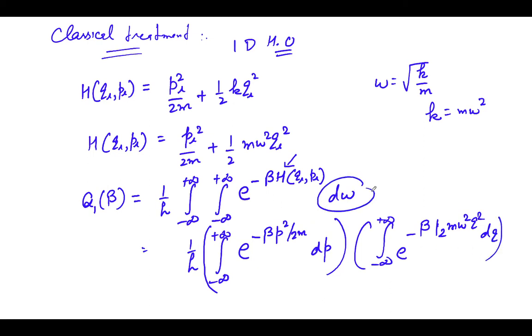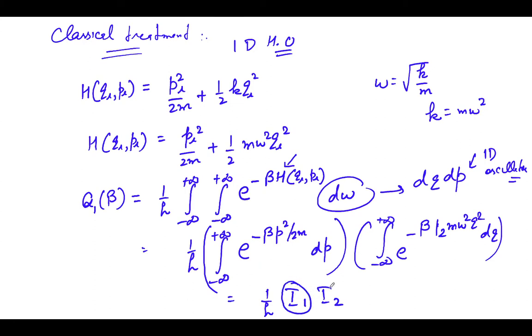Here d omega is equal to dq into dp, that is for the 1D oscillator. Now we have to solve these integrations separately, so let us give them symbols: the first term I write as I1 and the second term as I2.